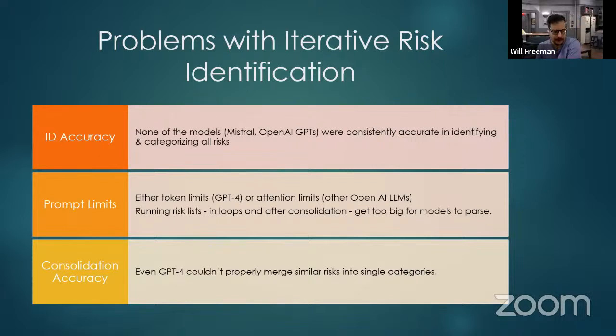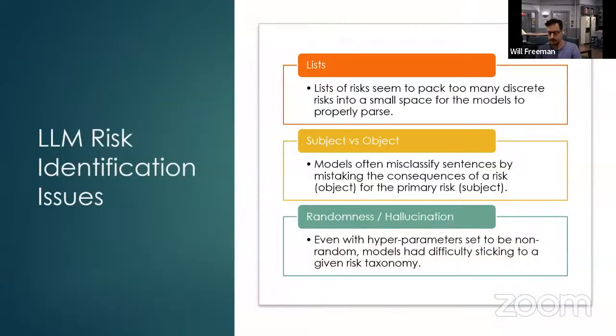So it's actually very hard for these models to do a good job saying these two things are in the same category, especially when the categories get fairly specific. I don't know if it's an attention problem or just an intelligence problem, but I'll give some examples of those in a bit later. I think the slide after this one.